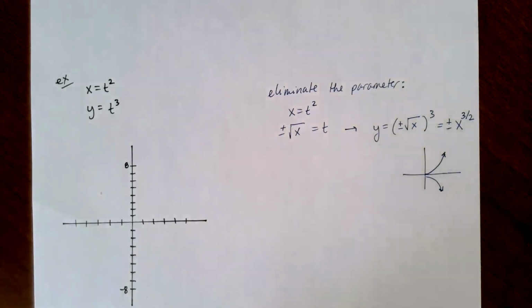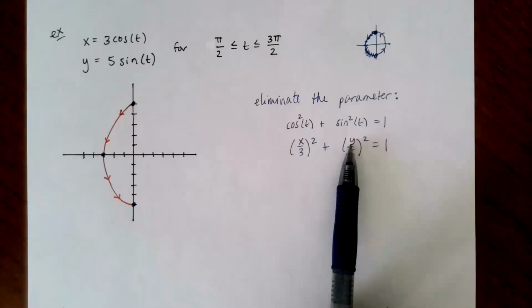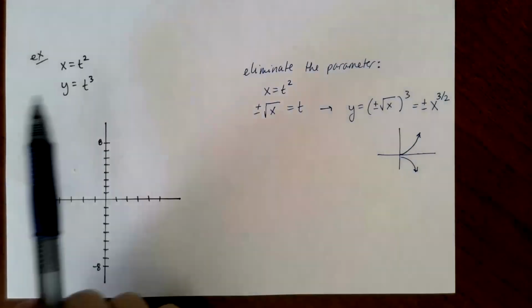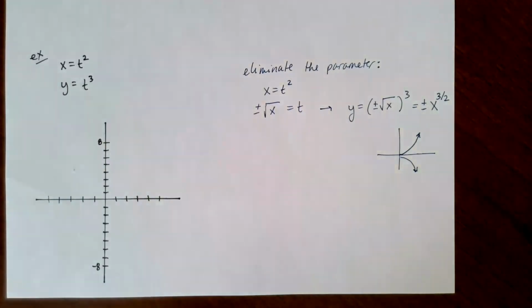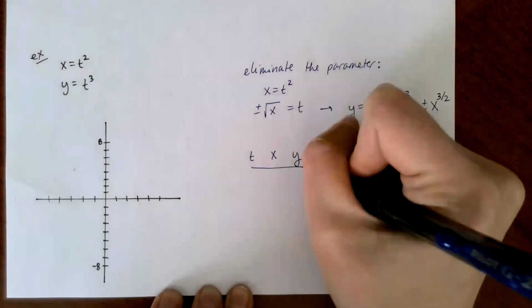So to fill in the rest of that information, what we'll do here is make a t, x, y chart. And again, that's a more traditional way to do it. It would have also helped in this first example, but we had some extra information that helped us bypass it. Here, I don't have a good sense of how this would be traced out, so I'm going to do a whole chart. So t, x, and y.